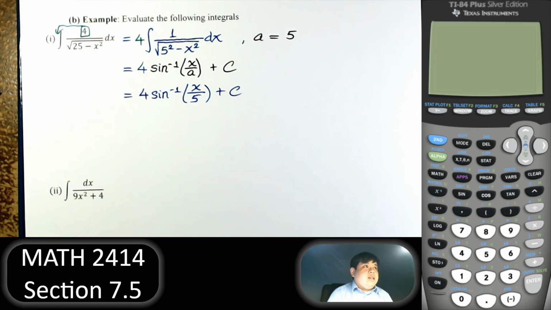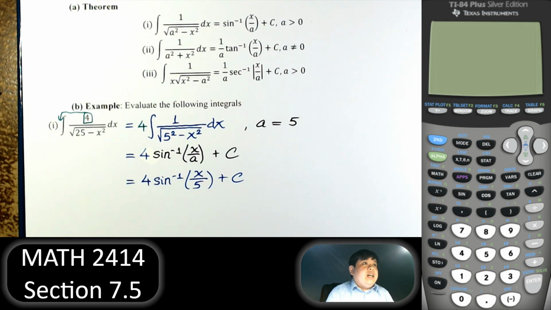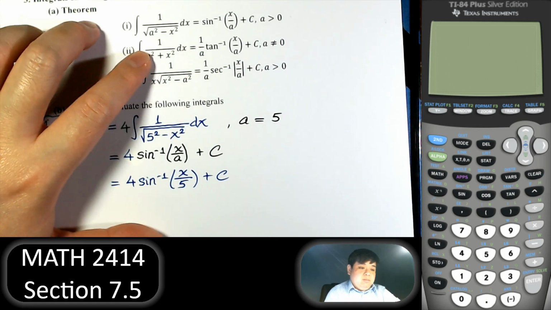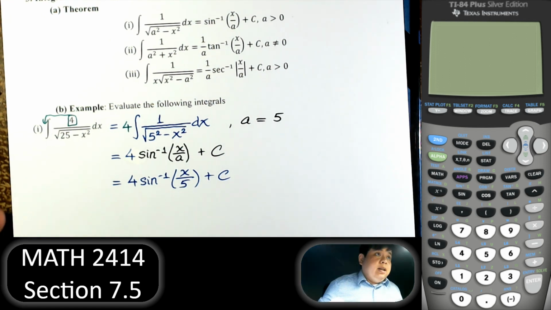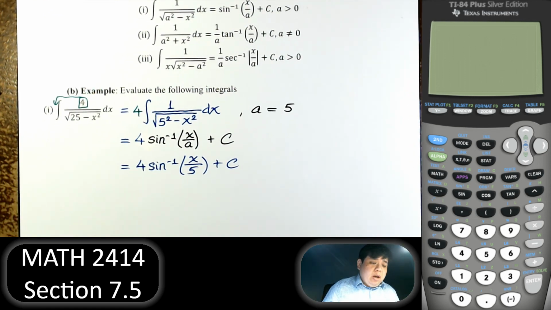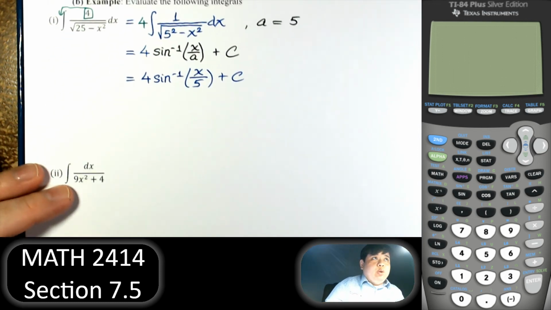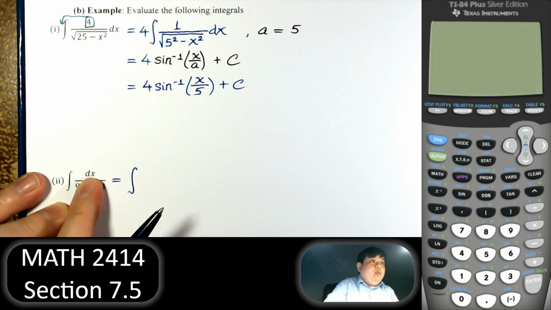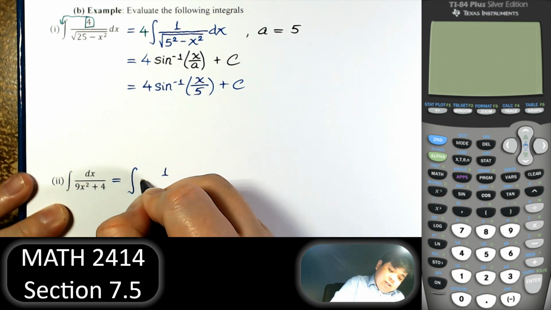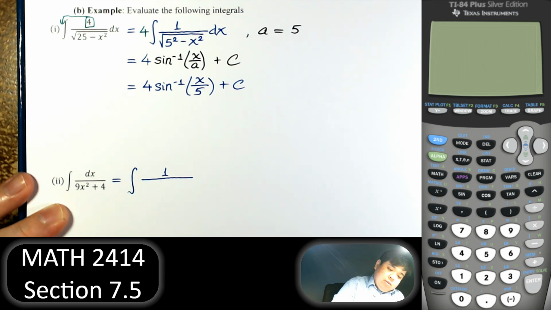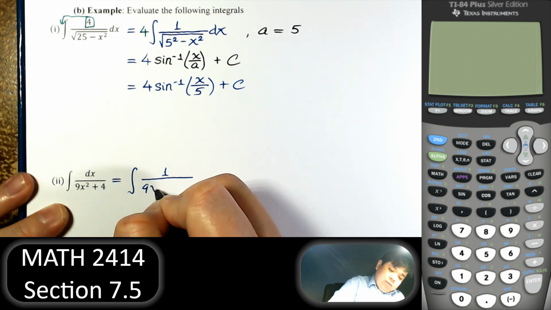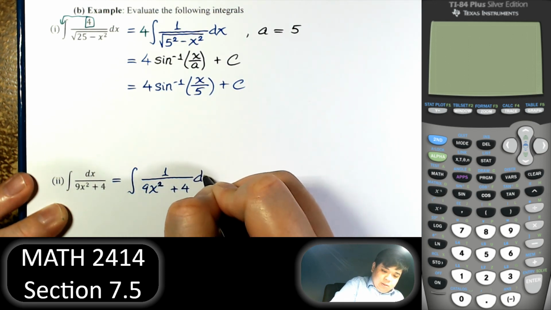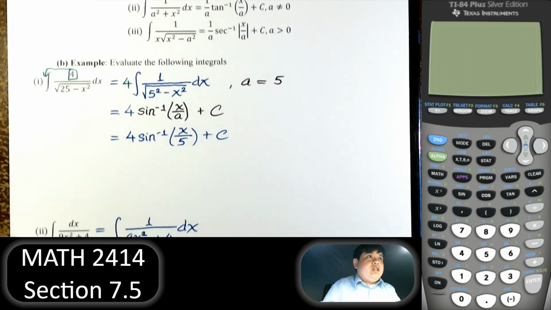Right, next, this one. We have x squared plus a constant in the middle, so this is the case of the tangent. But it's not in the right form, so I have to do some manipulation. I moved the x all the way back. So it looks like this because we need 1 on the top.